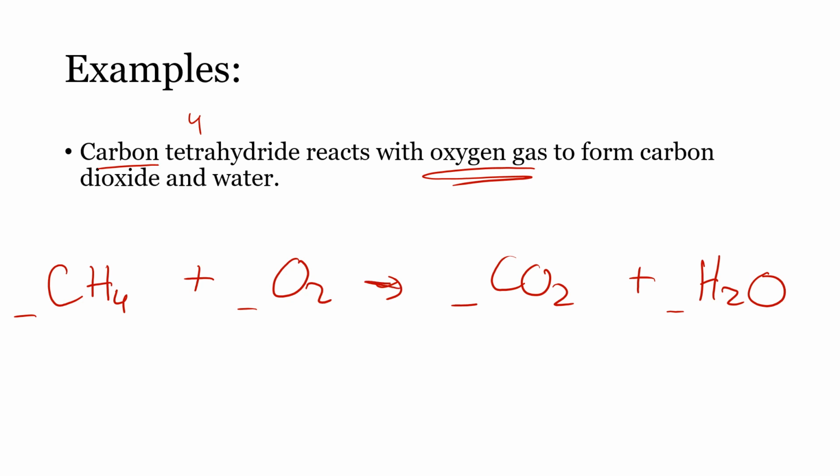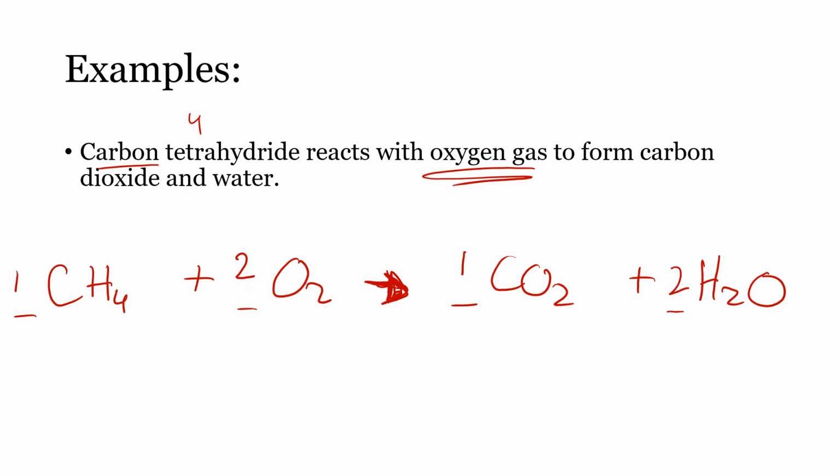I have 2 H's on my product side and 4 on my reactant side. So I'm going to put a 2 in the front here. And now I have 4 O's on the product side and only 2 on the reactant side. So I'm going to put a 2 in the front here. And now I'm balanced for everything else.